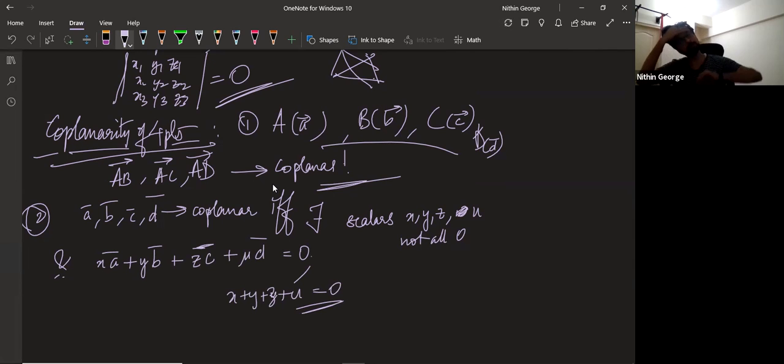Does this look familiar to you? Just compare with the collinear case. 3 vectors are collinear.